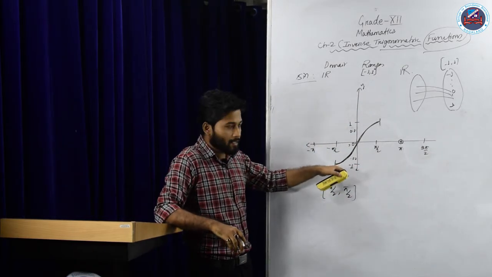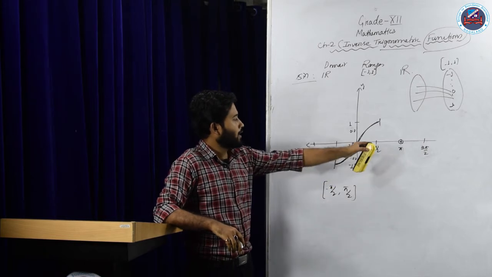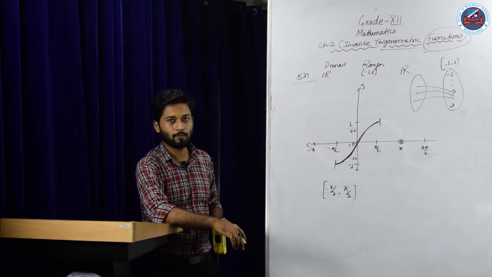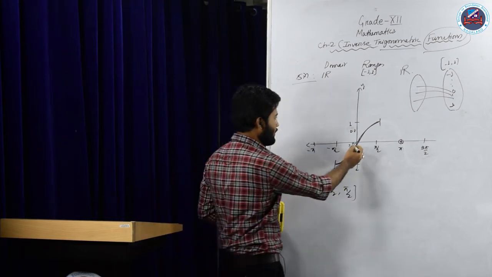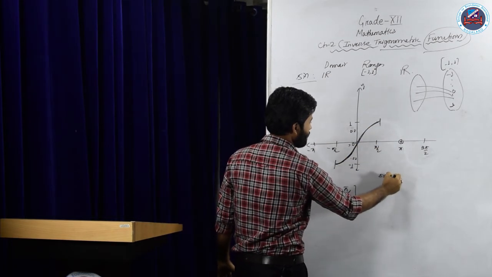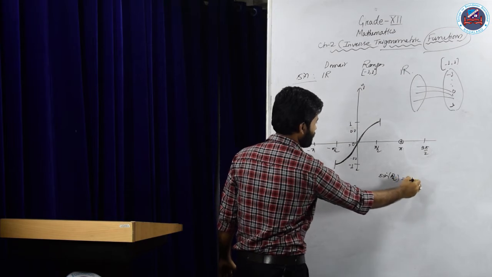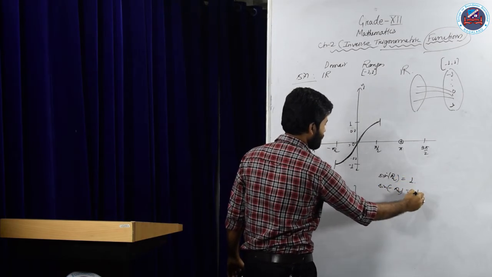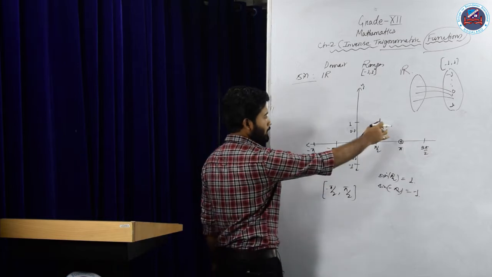Now, in this case, you can see that for whatever value you take for x, you will get only one y. That means, suppose you take sine of pi by 2, you will get 1. For sine of -pi by 2, you will get -1. You cannot take other values.